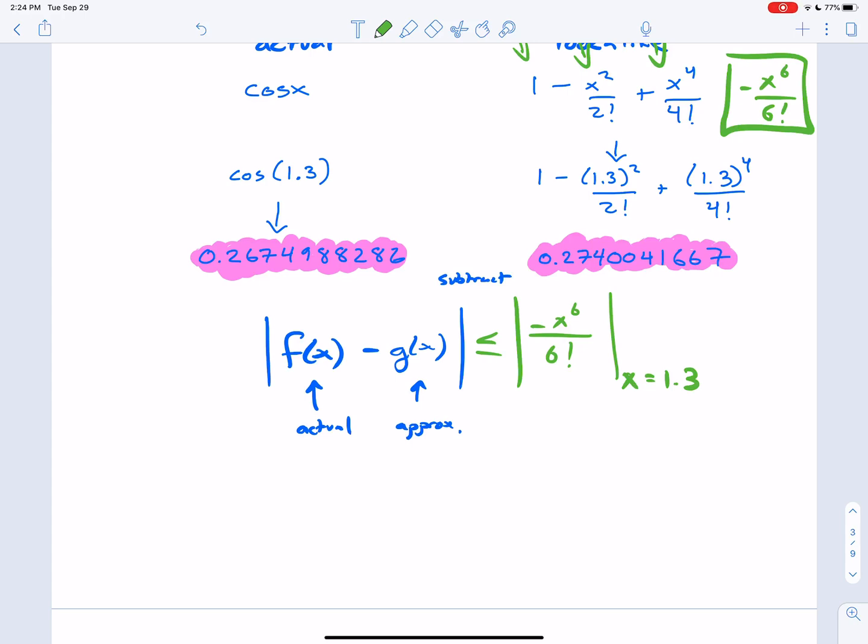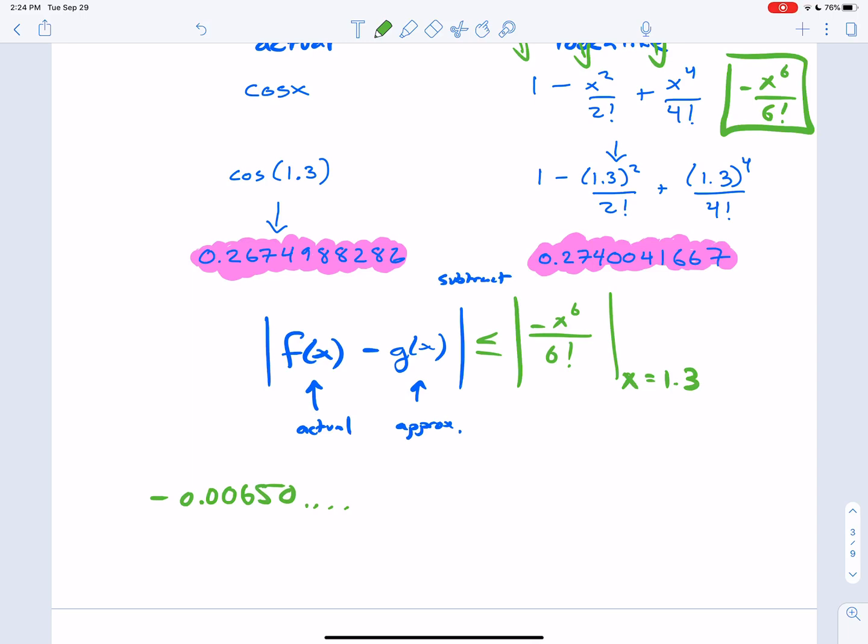Now it's easy because we have the two values here highlighted already. If you were to subtract these two, let me do this here: 0.26749888286 minus 0.27400416667, you get something about negative 0.0065 and so on.